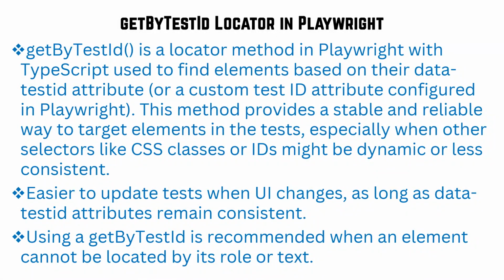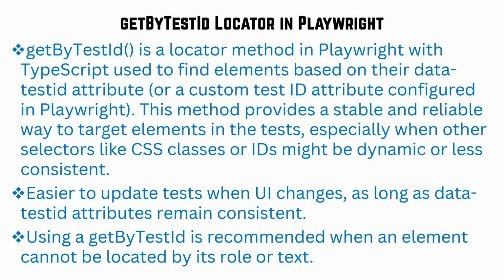Now we'll understand the getByTestId locator technique in Playwright with TypeScript. So getByTestId is another important built-in locator technique or method available in Playwright with TypeScript, which is primarily used to find elements based on their data-testid attribute or a custom test ID attribute configured in Playwright.